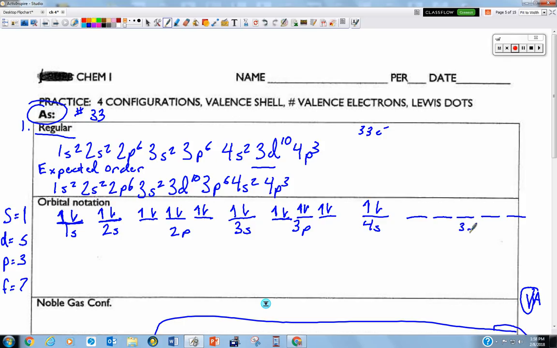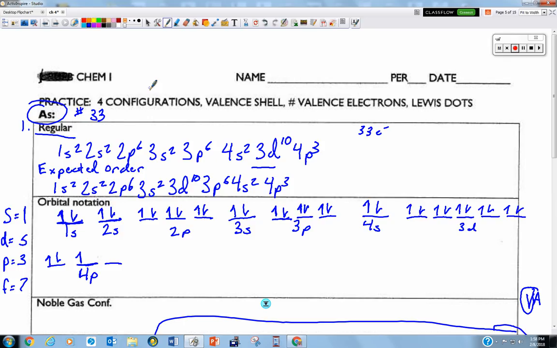So 3D, and then we go 1, 2, 3, 4, 5, 6, 7, 8, 9, 10. And then our last one, we have 4p, and there are 3 orientations in p, so we have 3 different spots to put 2 electrons and 1.